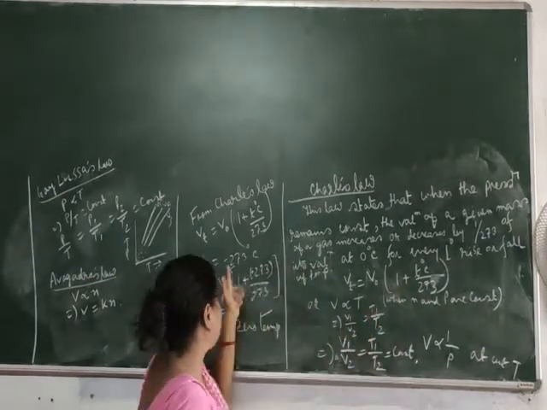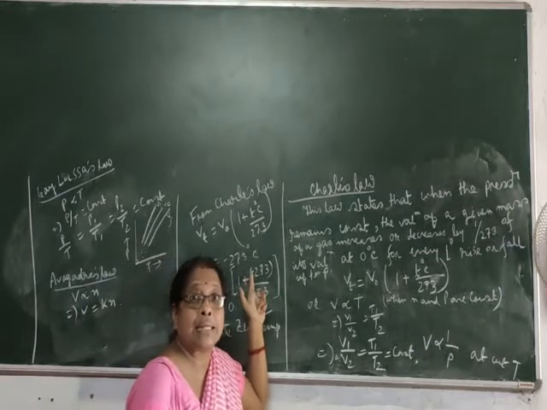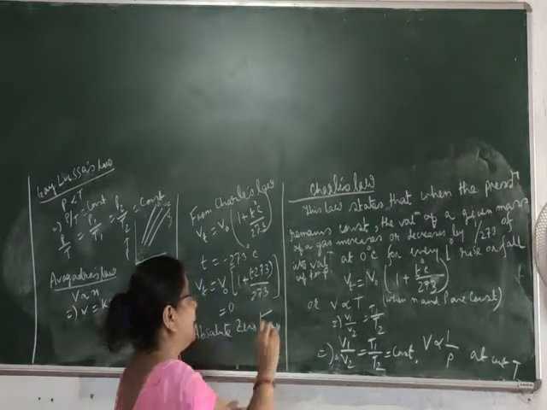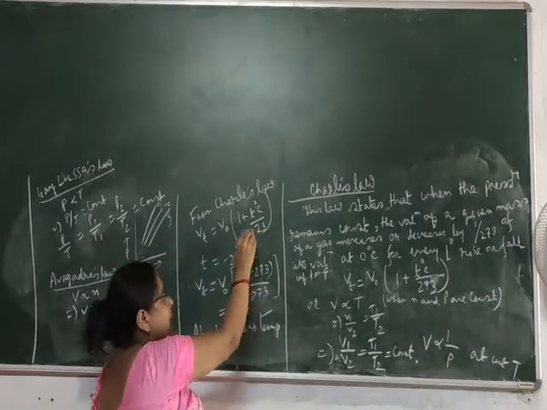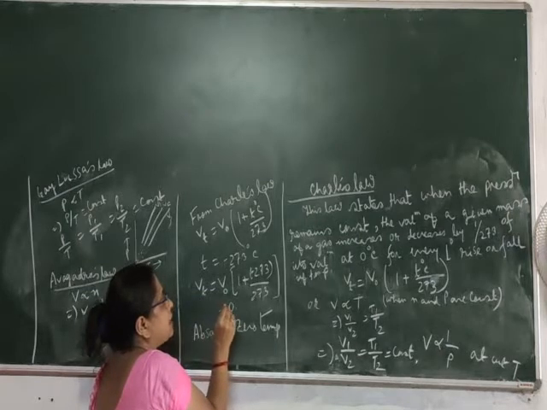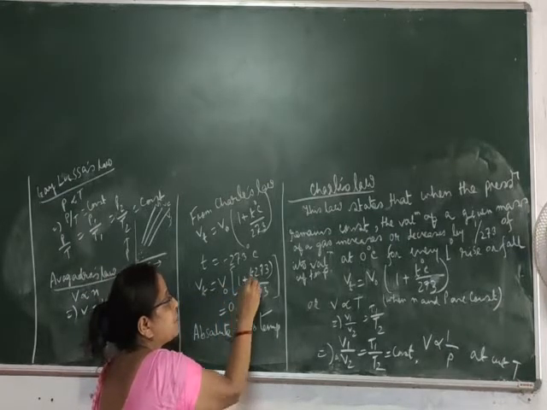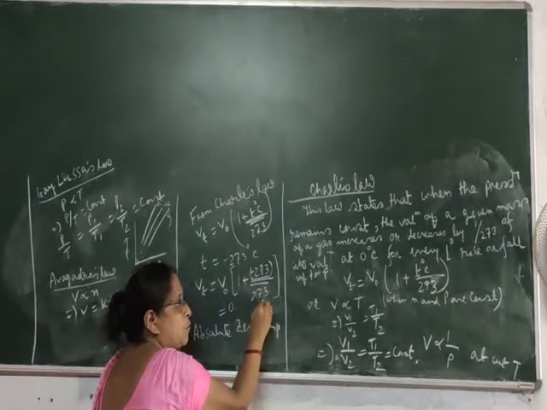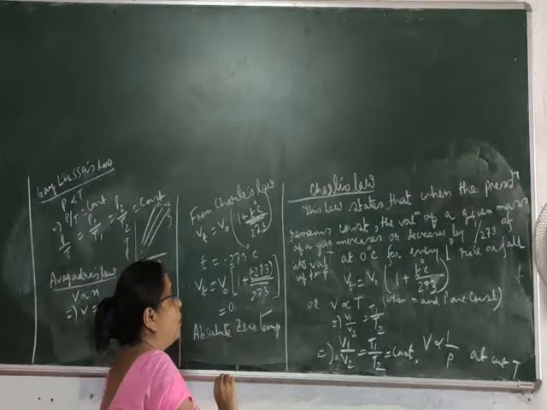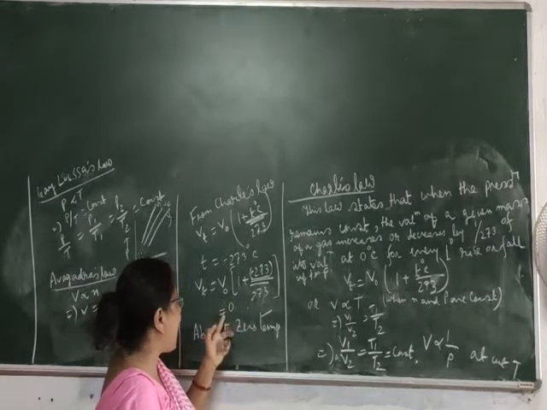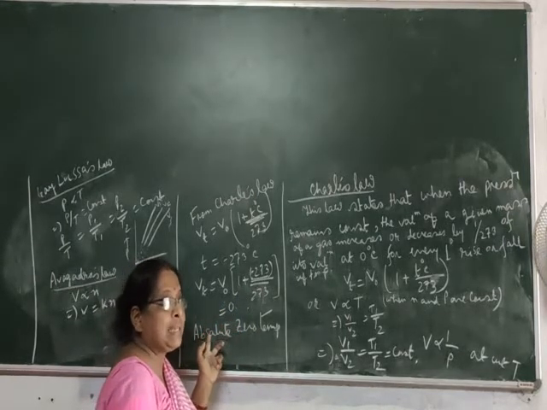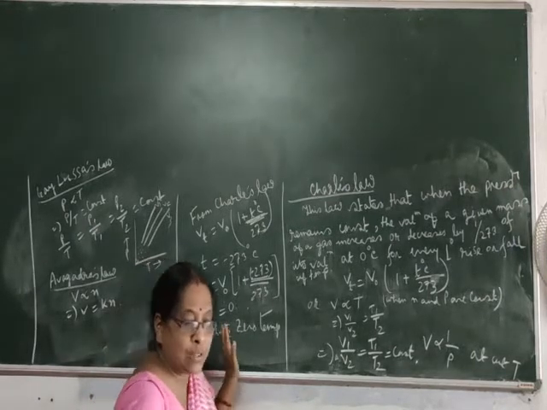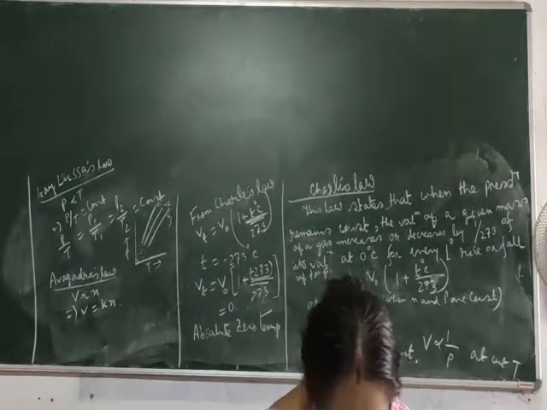Now, if the temperature is minus 273 degrees centigrade, putting this value of t in the equation, we get Vt is equal to V naught into (1 plus minus 273 divided by 273), which is equal to 0. So at minus 273 degree centigrade, the volume of a gas becomes 0. So this is known as our absolute zero temperature.